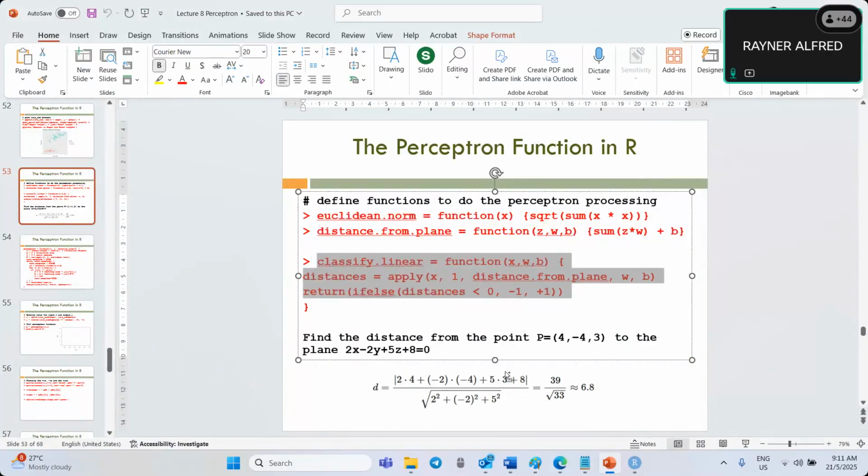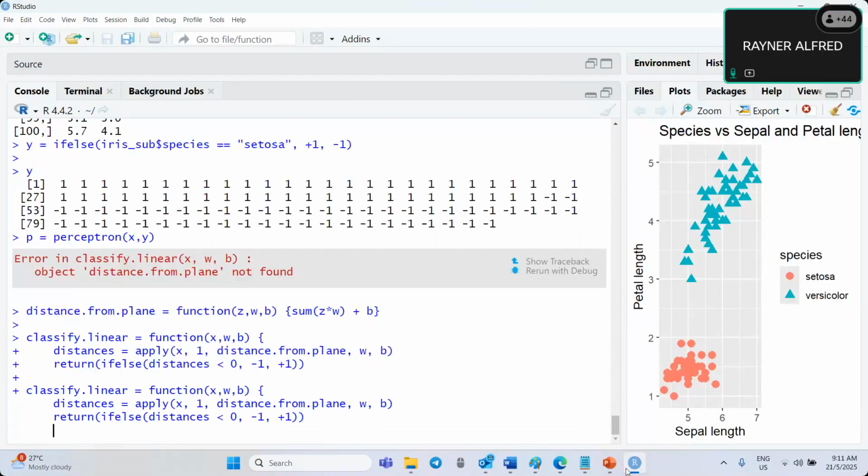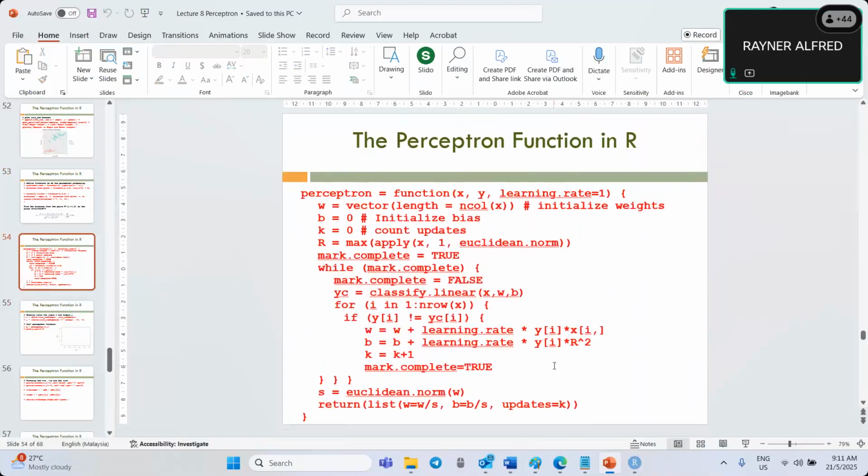This is the classifier. We'll repeat again. Okay, so now we are able to train our perceptron given the x and y, and then we can draw them.